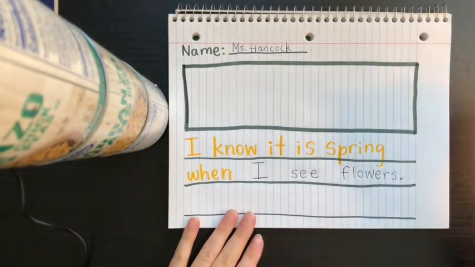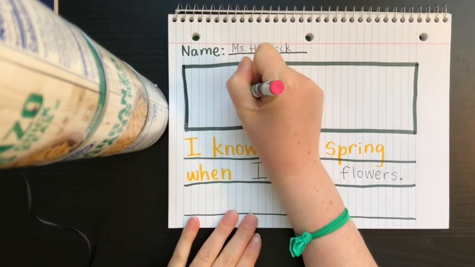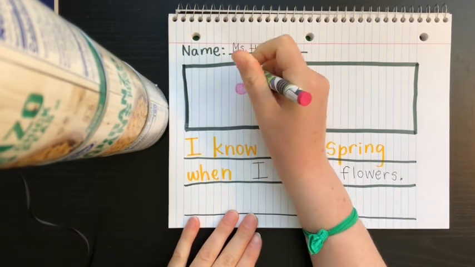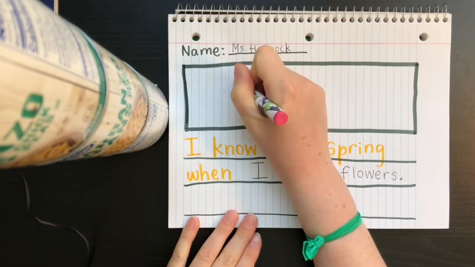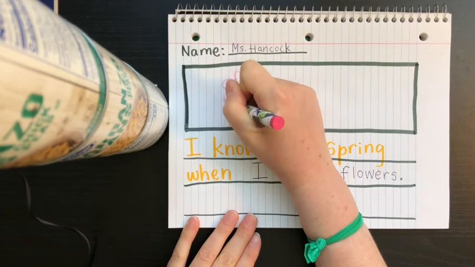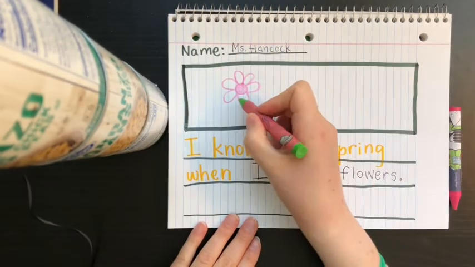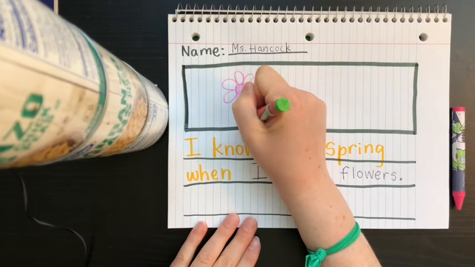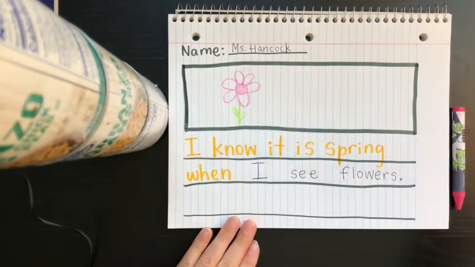So I'm going to use my crayons over here. And I'm going to draw a bunch of pretty flowers. So I want you guys to use color for your picture if you can. We want to use color in our picture to show detail whenever we can. So there's my flower. I'm going to put a long stem on it and some leaves.